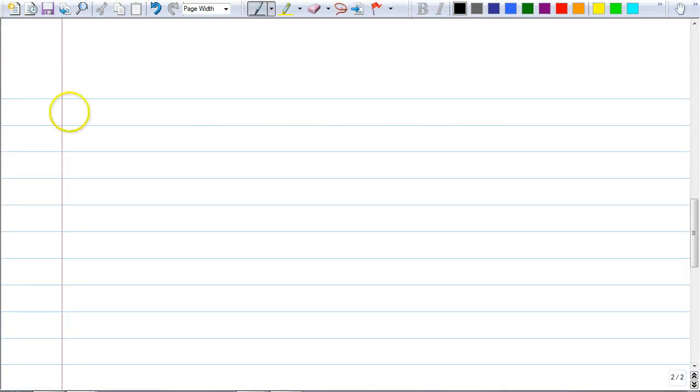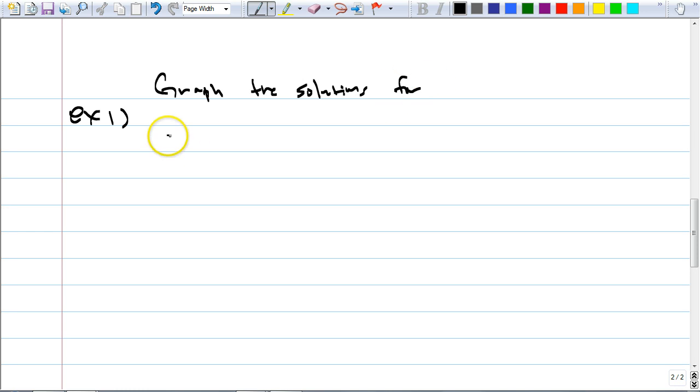So let's do an example. Example 1. I would like you to graph the solution for x greater than or equal to 0 and x less than 4. This is a keyword, "and."